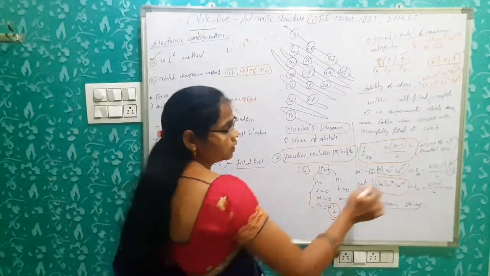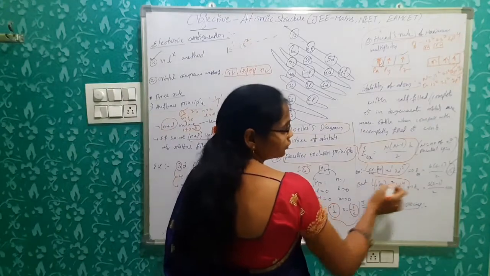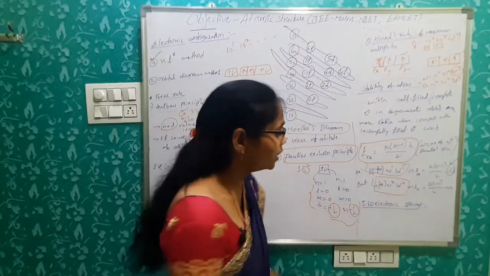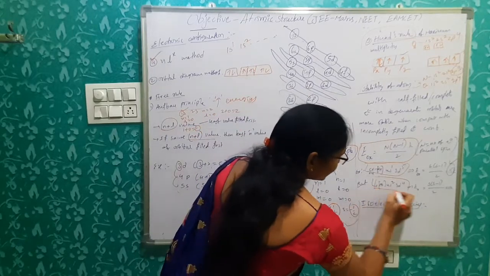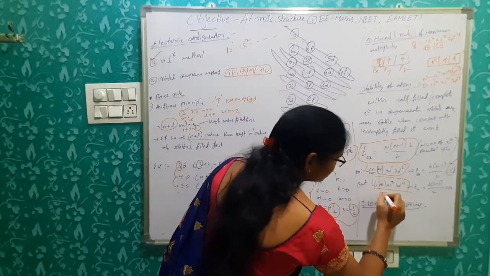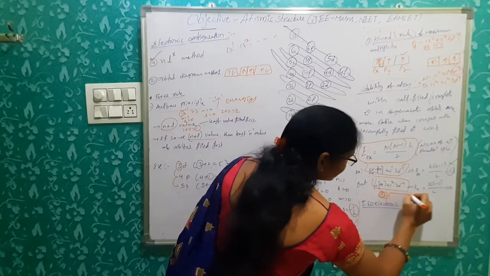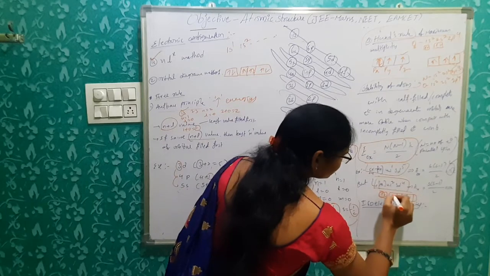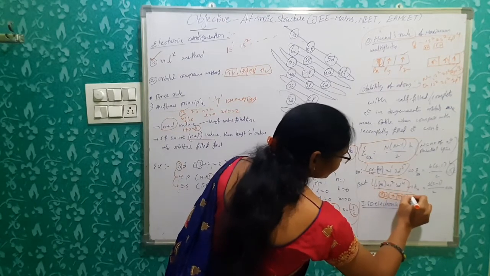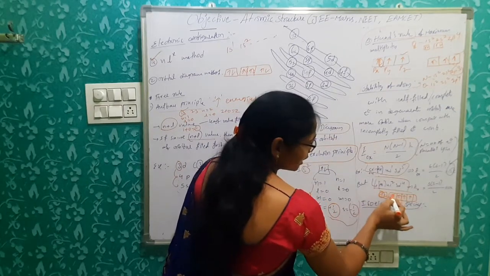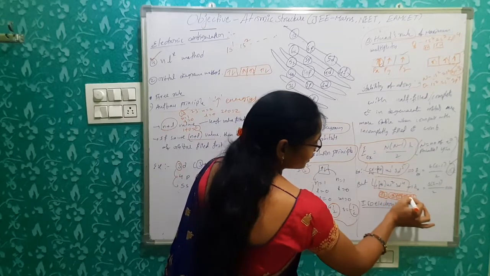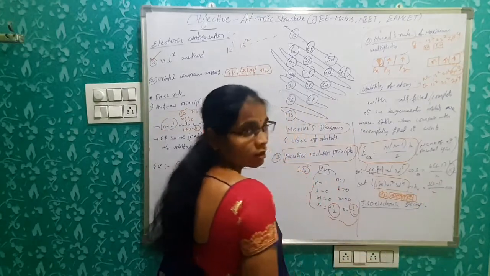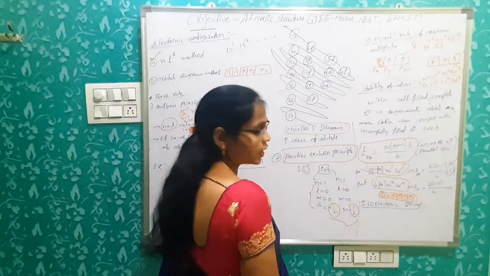But in this configuration, how many parallel spin electrons? Here 4s2 is upward, and the remaining electrons 1, 2, 3, 4, with the fifth orbital empty. How many parallel spin electrons? 5. 5 into 5 minus 1 by 2 means 20 by 2, which is 10k.